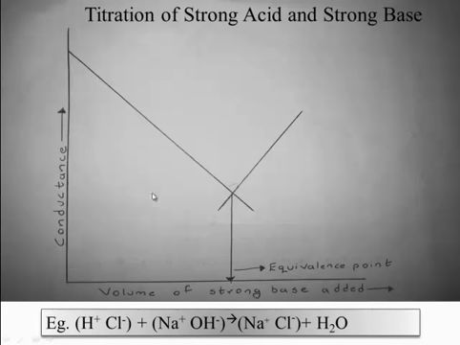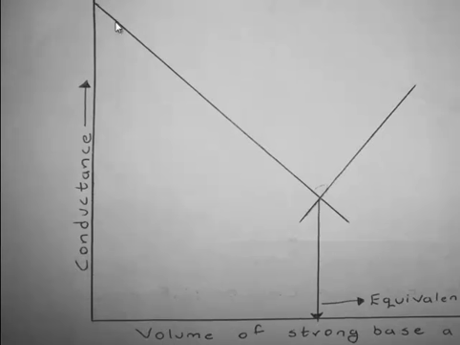However, as NaOH is added from the burette, the H plus ions from HCl will react with OH minus ions from NaOH to form undissociated water. Now, as a consequence, as we add more and more NaOH from the burette, the concentration of H plus keeps decreasing, and as a consequence, the conductance of the solution keeps decreasing as shown out here.